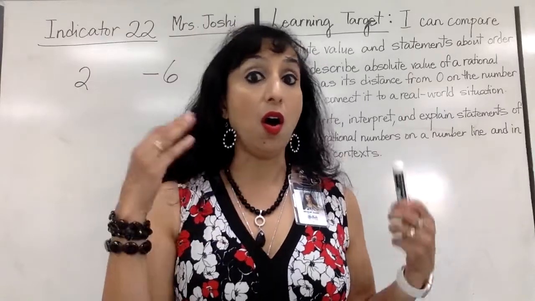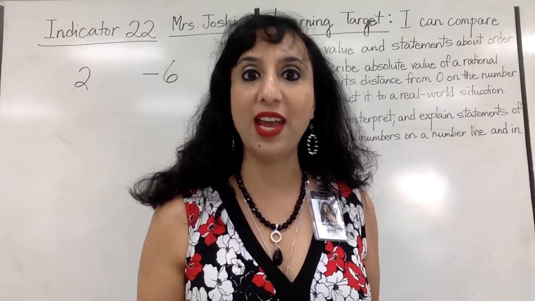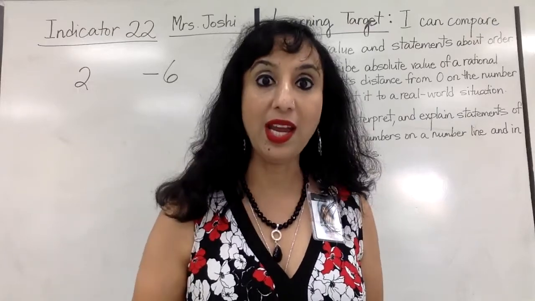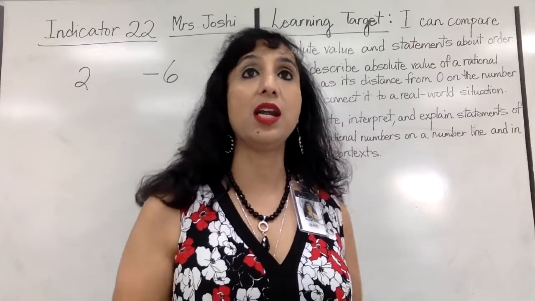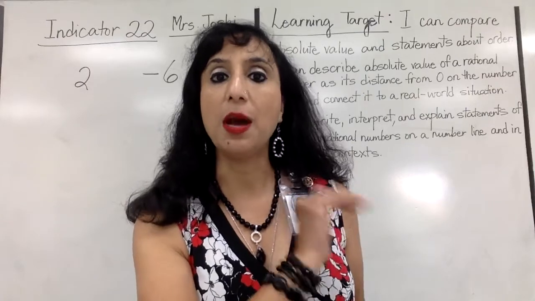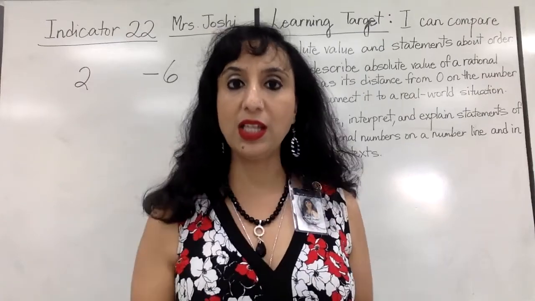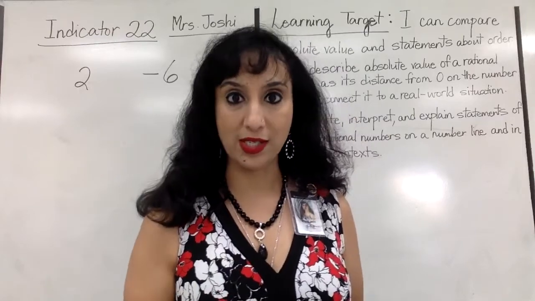Now, always remember, a positive number is always greater than a negative number, okay? The way that is also determined is that a number which is to the right on the number line compared to the other number is the greater number always, okay?